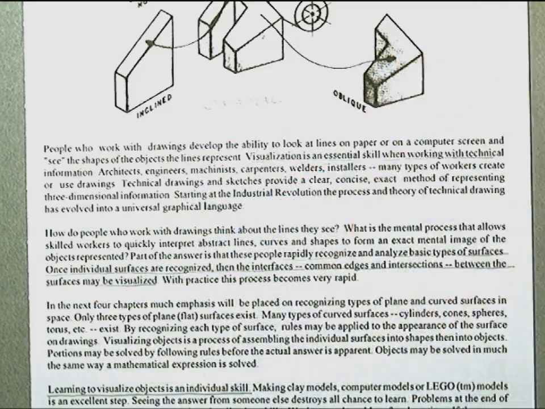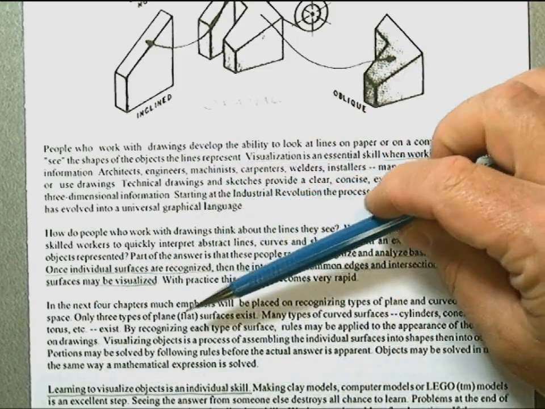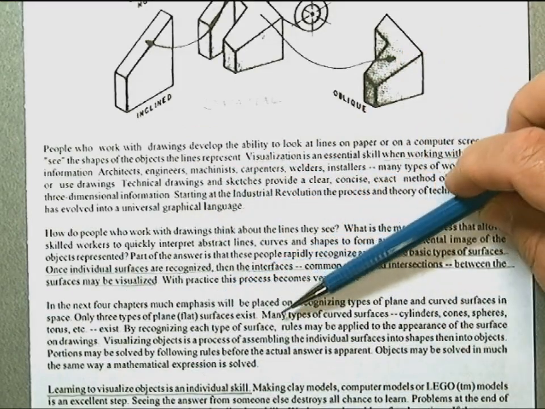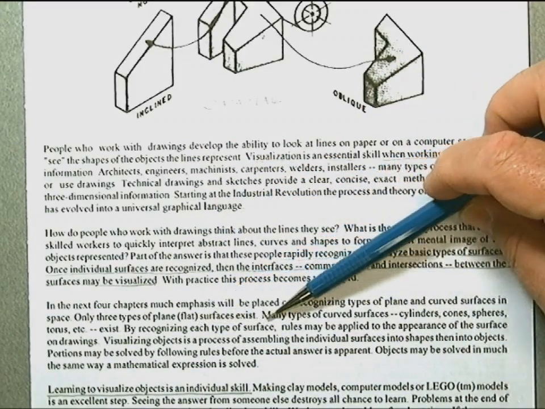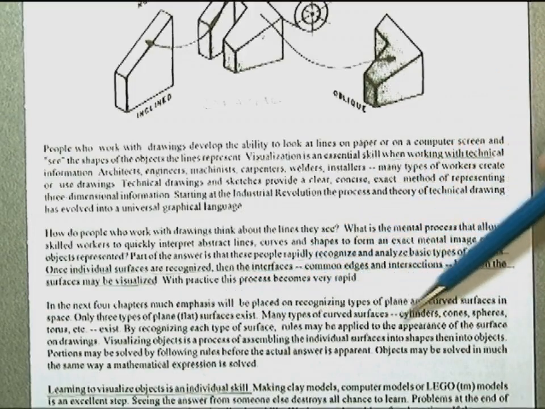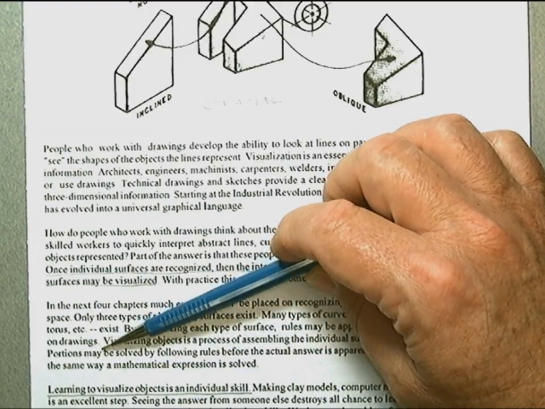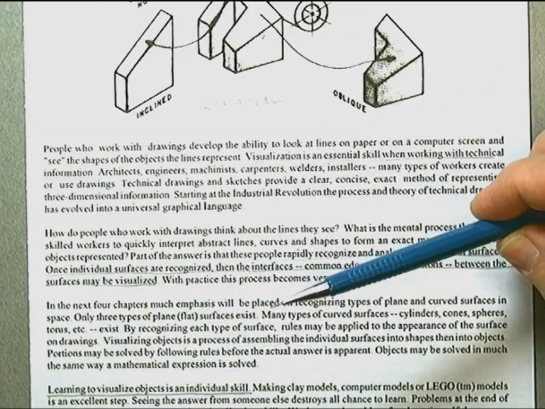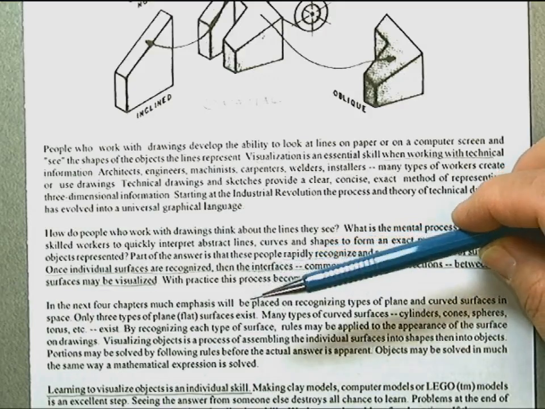There are numerous types of surfaces, and I'll be demonstrating those to you in a later lecture. By recognizing each type of surface, rules may be applied to the appearance of the surface on drawings. I would add, in a two-dimensional fashion, in a two-dimensional drawing.